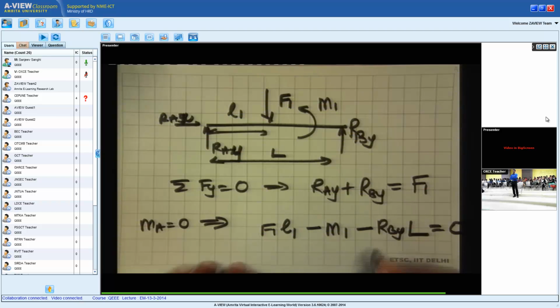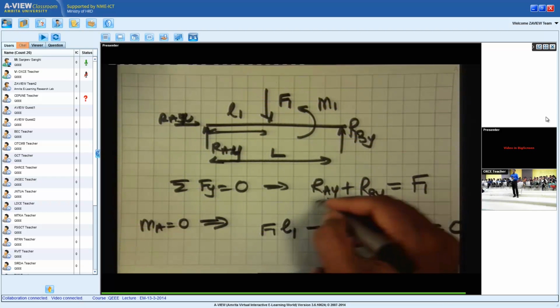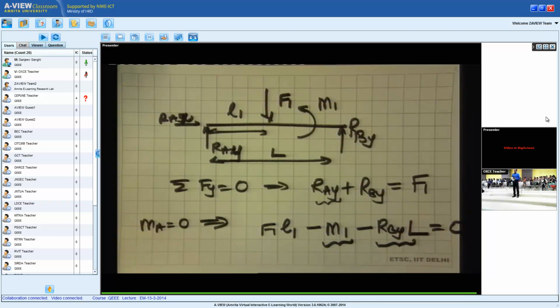So therefore, the value of RBY depends on M1. Whether M1 is 0 or not will determine the value of RBY. And similarly, if RBY is affected, RAY will be affected.